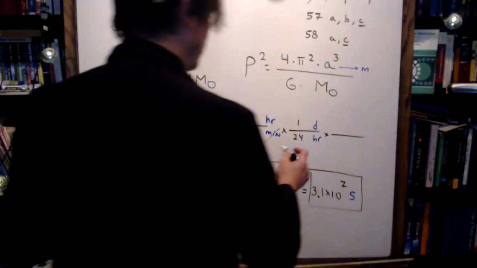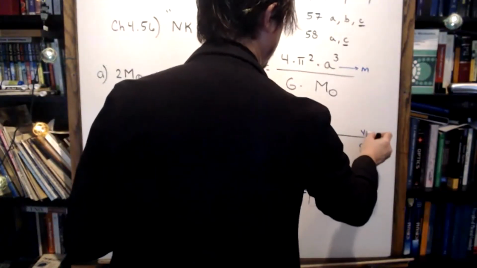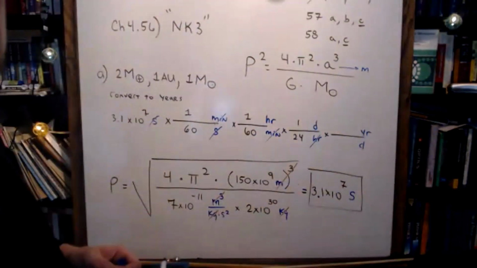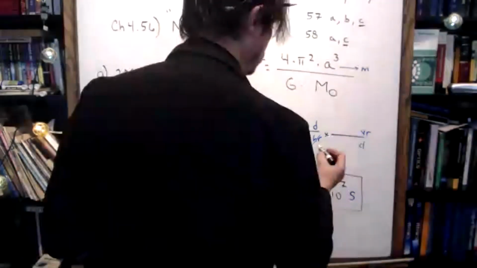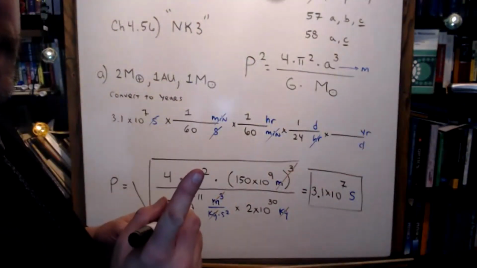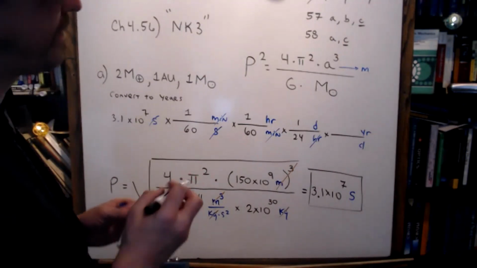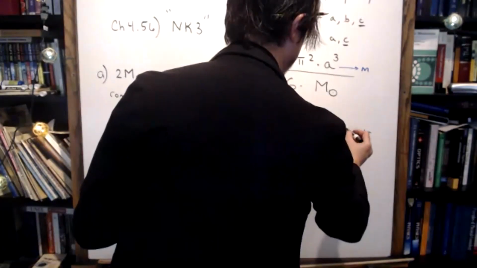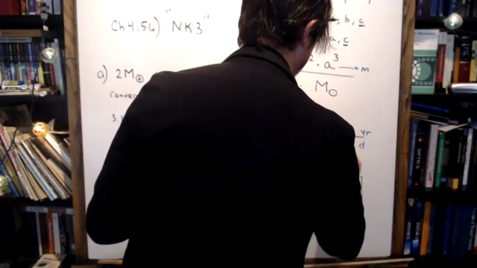And lastly, now you can go to years, because I bet you know the number of days in a year, right? 365. So 1 year is 365 days. And that's how we convert to years.